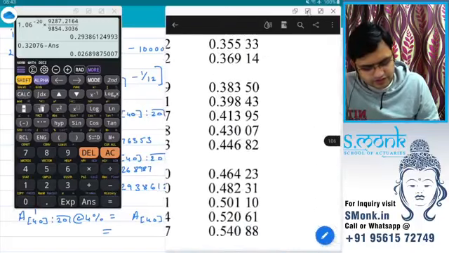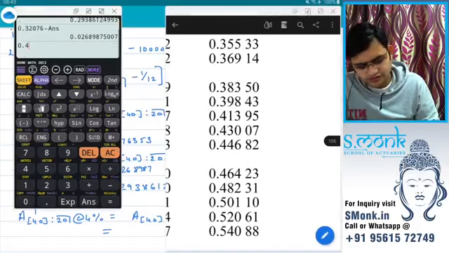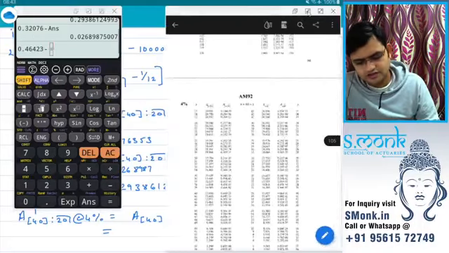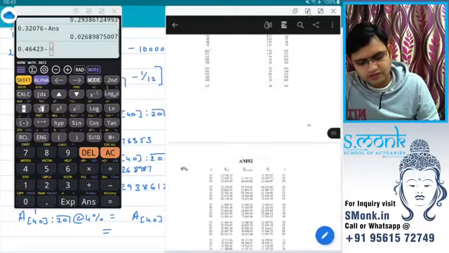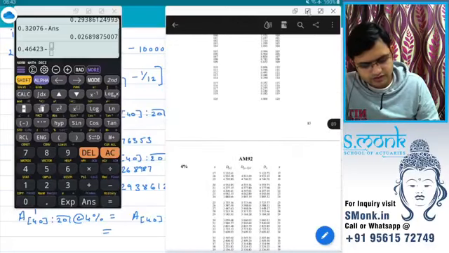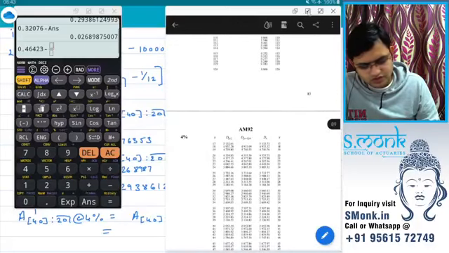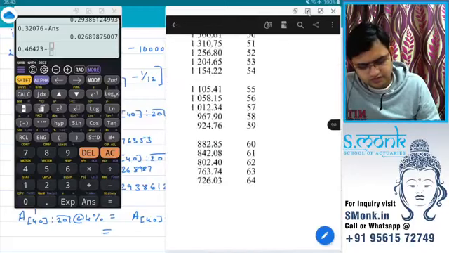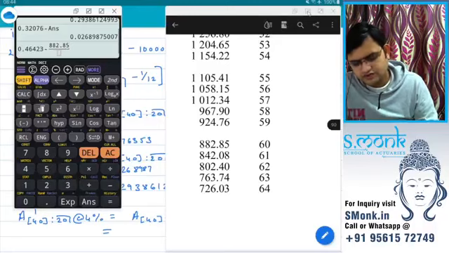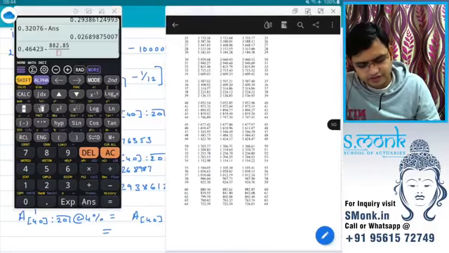The endowment value is this, 0.4423, minus capital D values, D60 by D select 40.